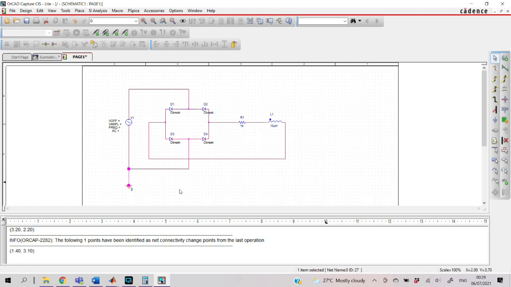So there, everything is connected to our circuit. So let's edit the values of our resistor, inductor, and our voltage source.